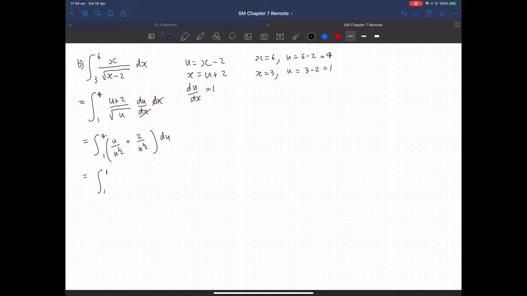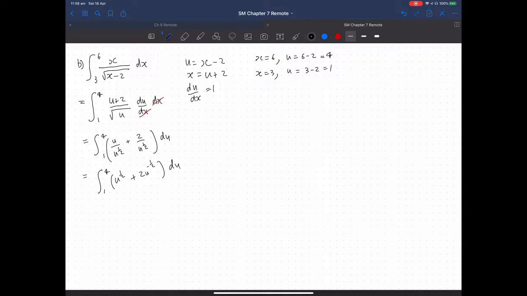So now u divided by u to the half is u to the half plus 2. U to the half on the bottom line, we're going to take to the top line and get u to the minus 1/2 du.